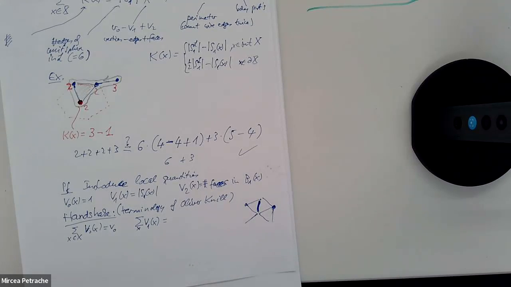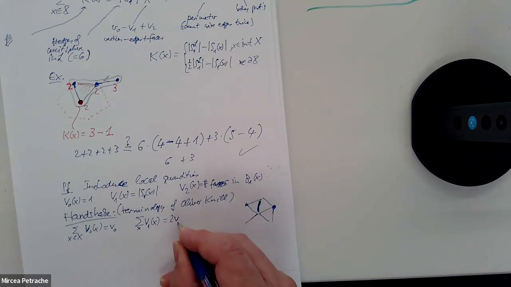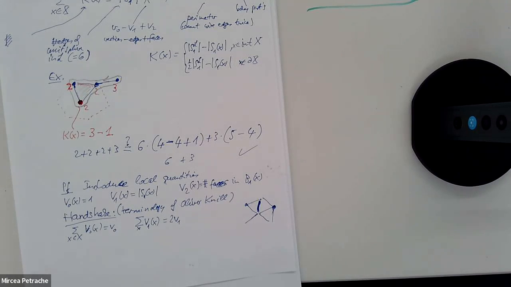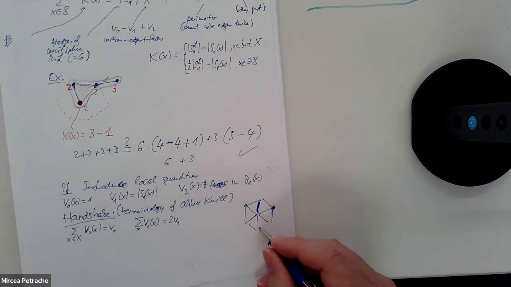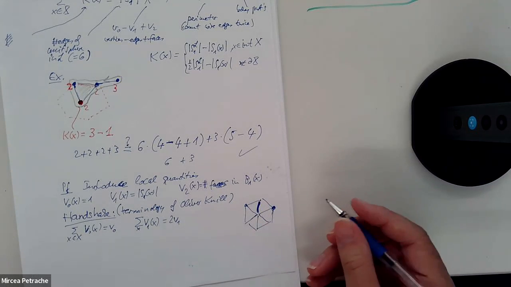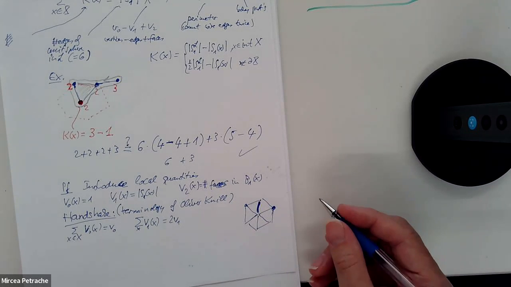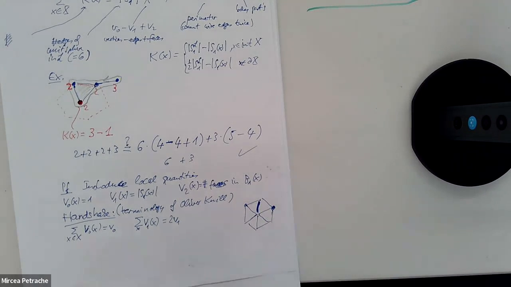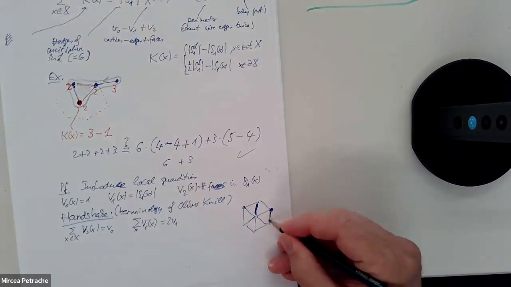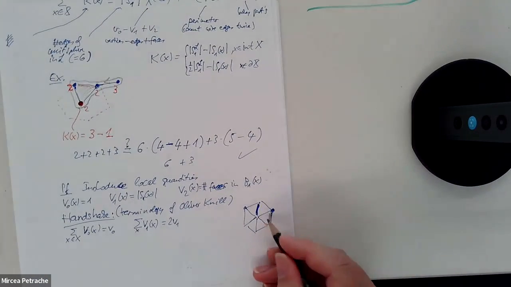So the rough answer is 2 times v1, but that's not quite true because if you have a boundary edge, for example, let's do this edge here, it only belongs to one sphere.